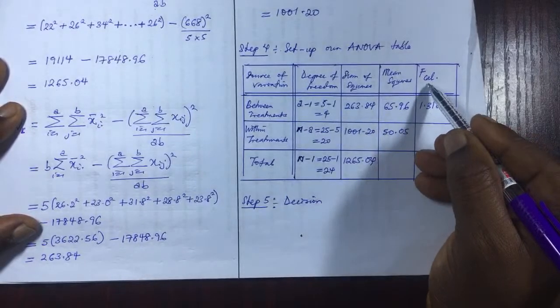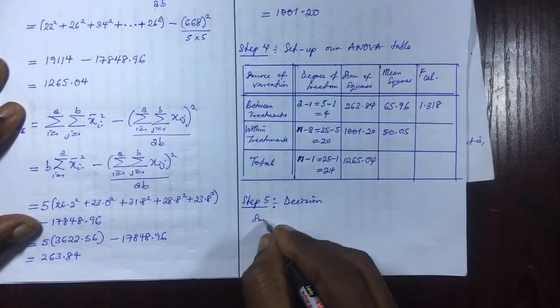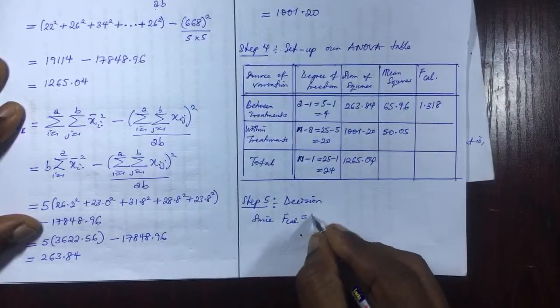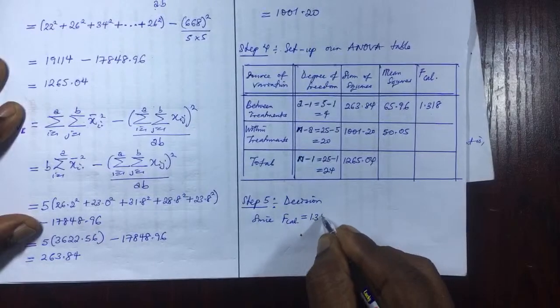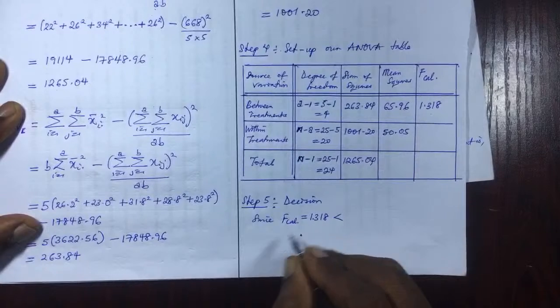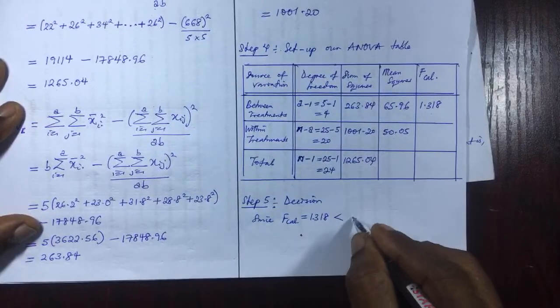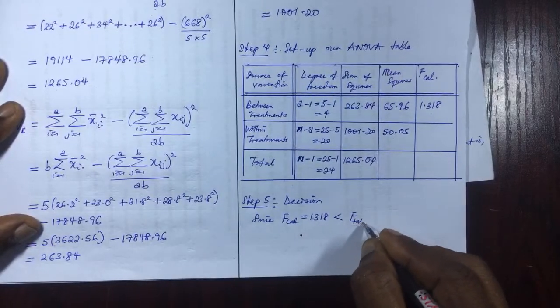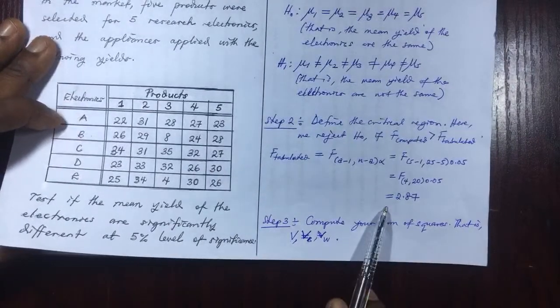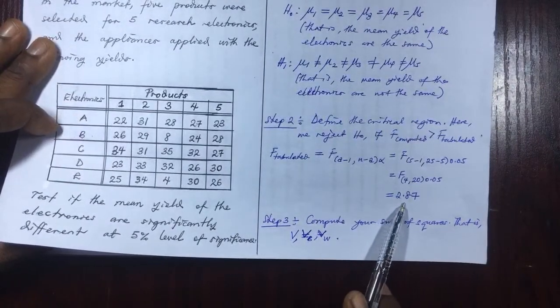Looking at our F calculated, I'm going to write here, since F calculated is equal to 1.318, and this value, my F calculated, is less than the F tabulated, which is, if you remember, let's go over, what did we get our F tabulated to be? 2.87.